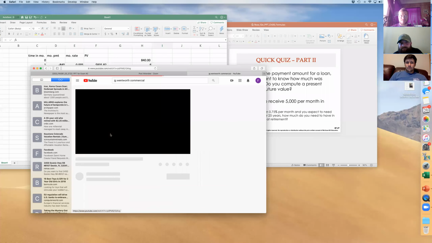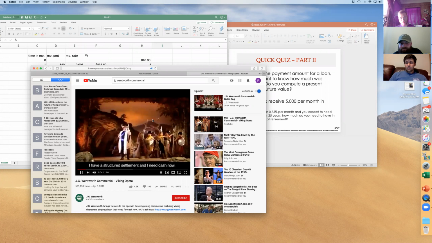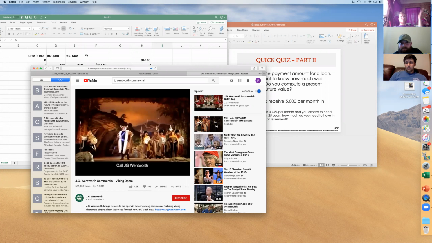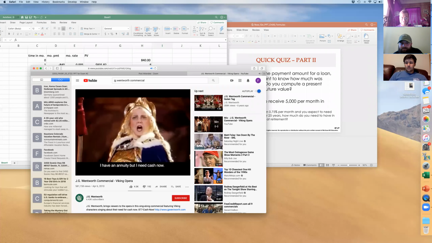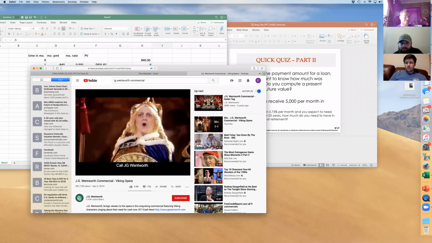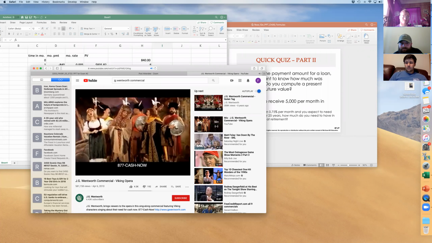I have a structured settlement and I need cash now. Call J.G. Wentworth, 877 cash now. I have an annuity, but I need cash now. Call J.G. Wentworth, 877 cash now.